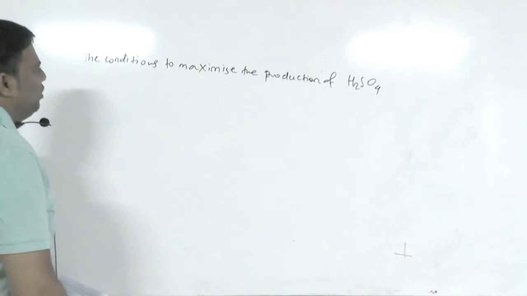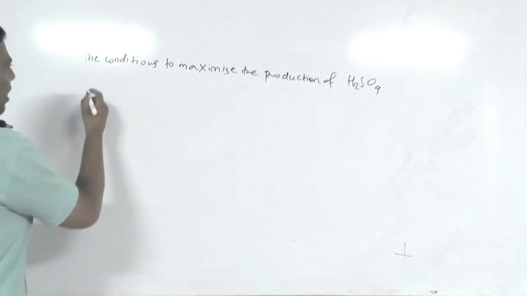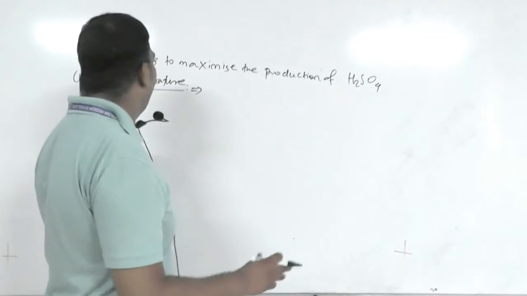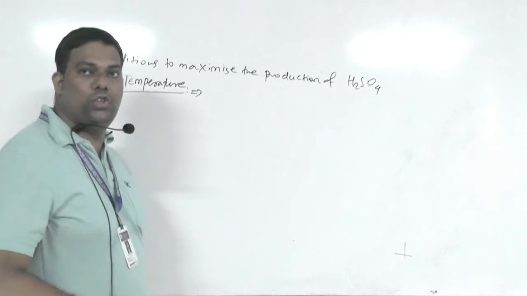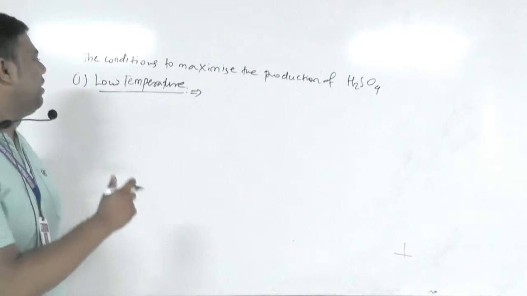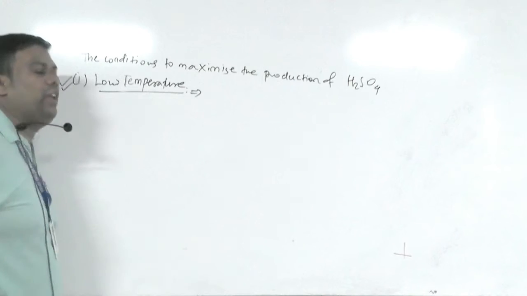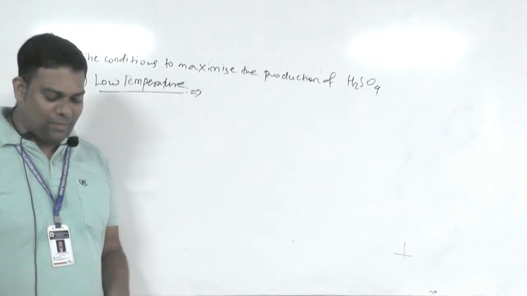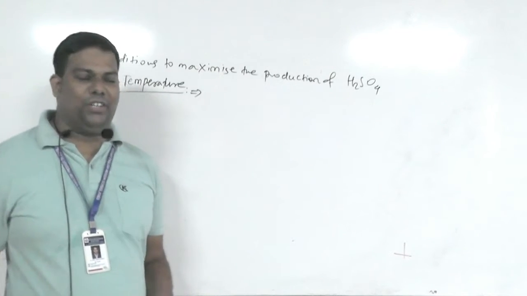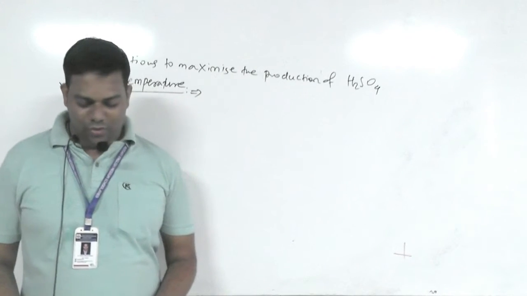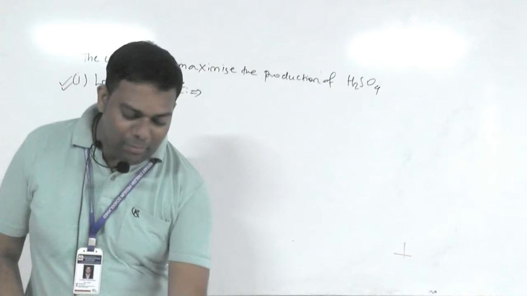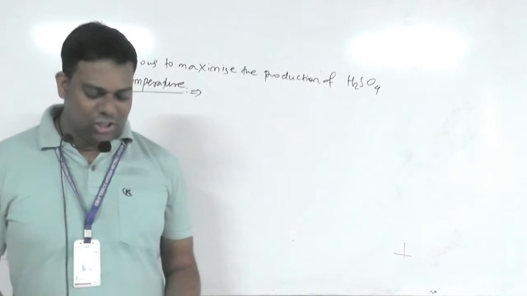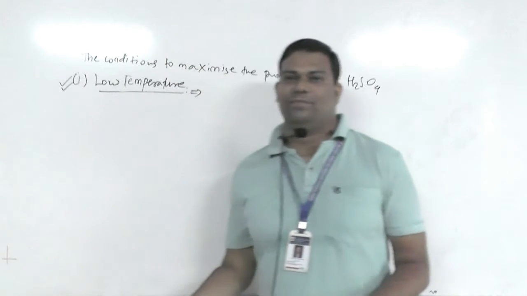So see here, first, how to maximize the production of H2SO4. In that we want low temperature. As you know beta, the forward reaction is exothermic, so we need low temperature to favor the oxidation of sulfur dioxide.